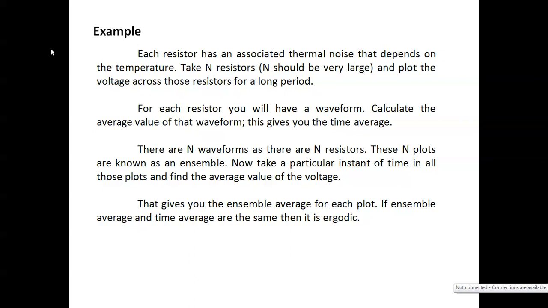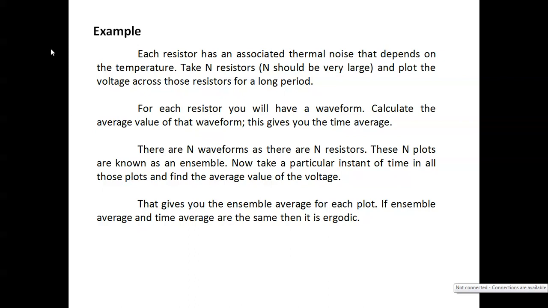So here they are taking a resistor, not a transistor. Okay, resistor or transistor, whatever it may be, just take it. We are also taking the resistor. The thermal noise of the resistor depends upon the temperature. So we plot the graph for each temperature.